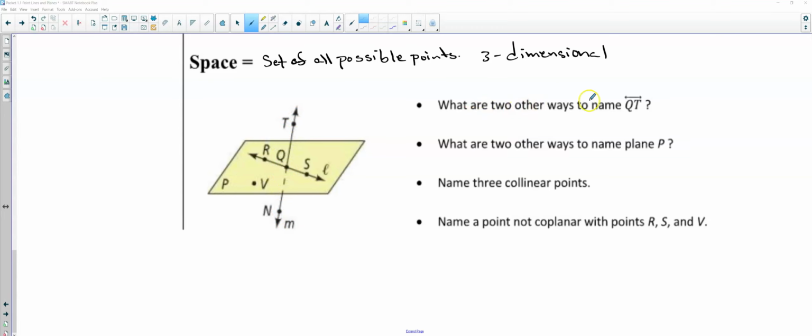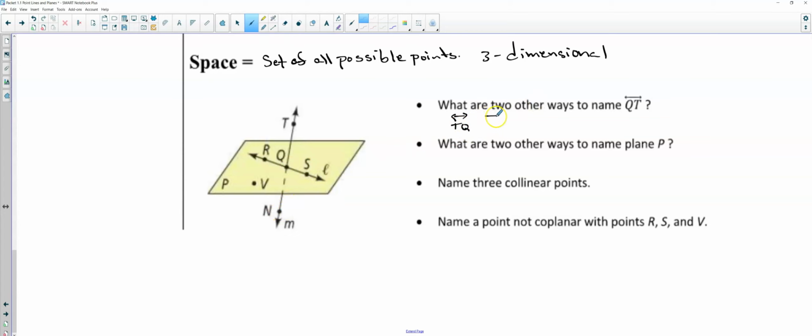So let's look at the questions. What are 2 other ways to name line QT? Well, notice line QT is the line that is not on the plane. So line QT could be named line TQ. We just invert the letters. Also, we could name it line QN, because there is another point on that line.